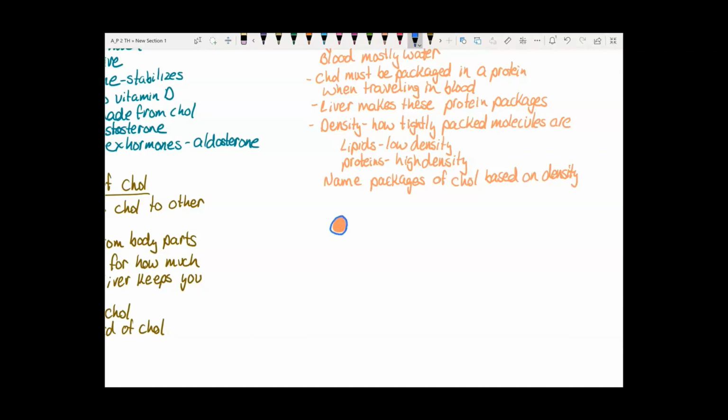The name of this one is VLDL, which stands for very low density lipoprotein. The blue line is the protein package. And the yellow dot is the cholesterol and some other lipids.